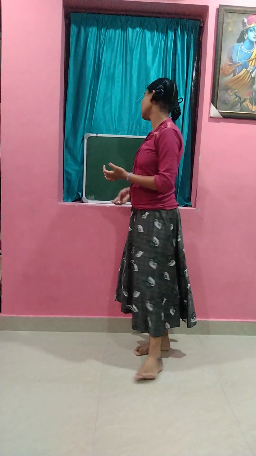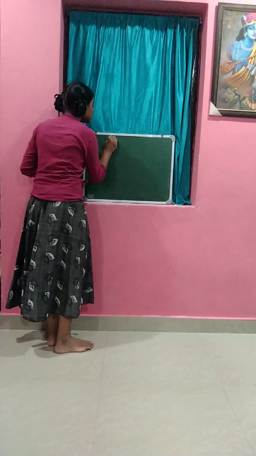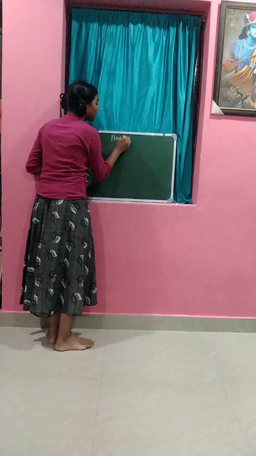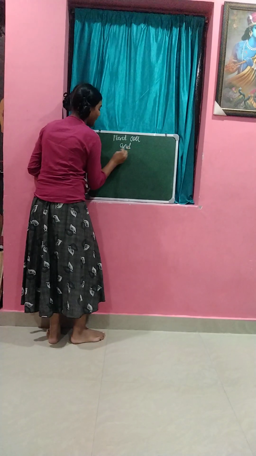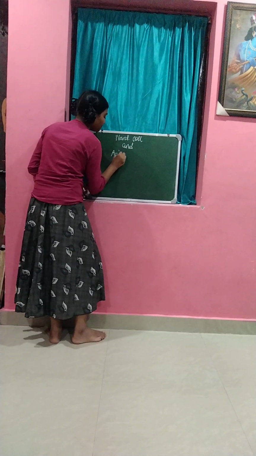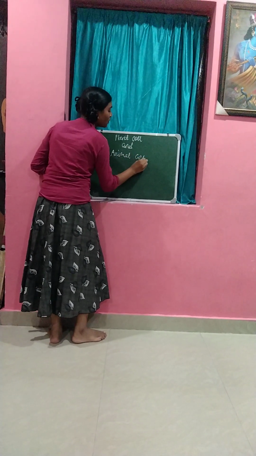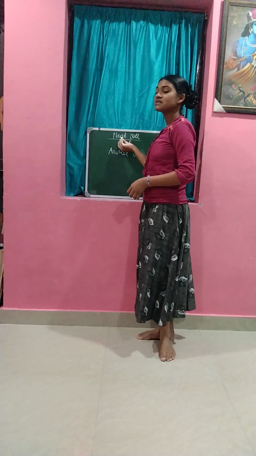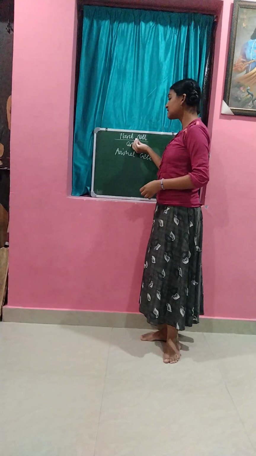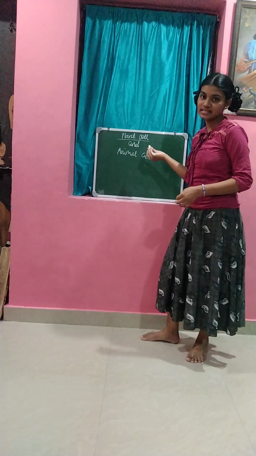Okay, now I am going to discuss plant cell and animal cell. Plant cell has cell wall, plastids are present and bigger vacuole is present.